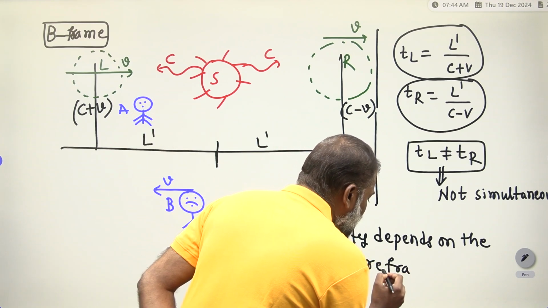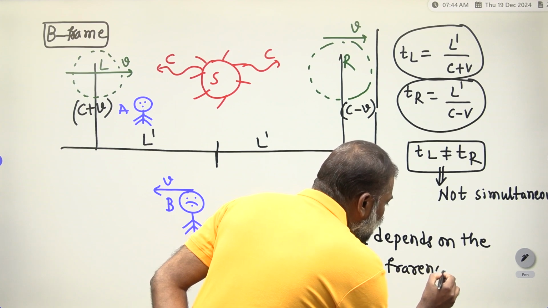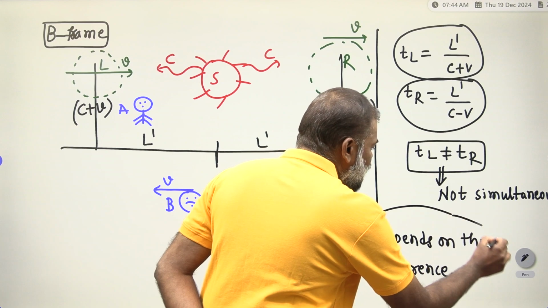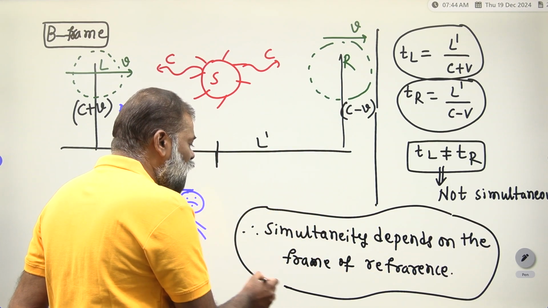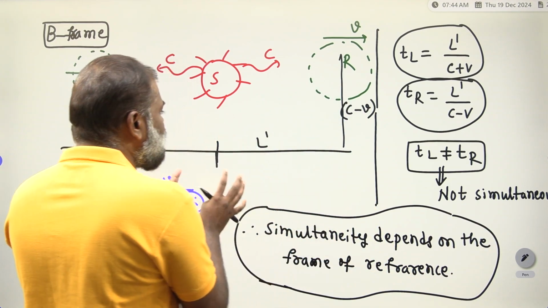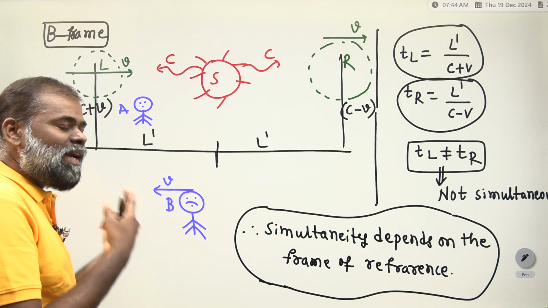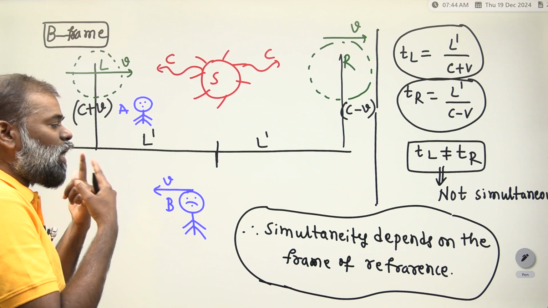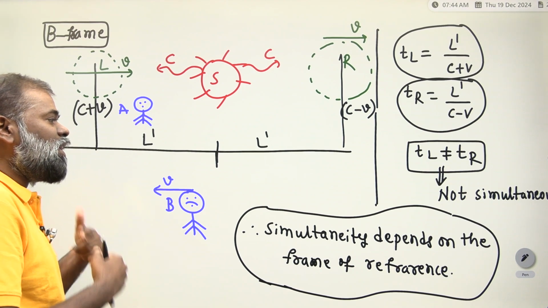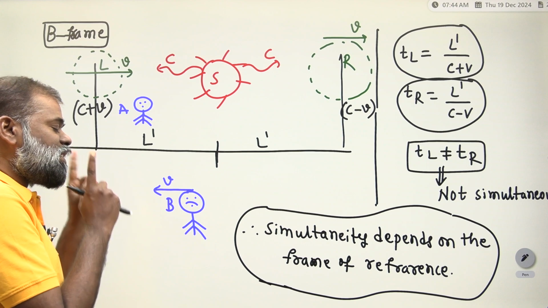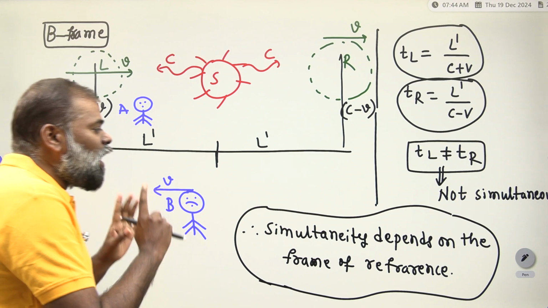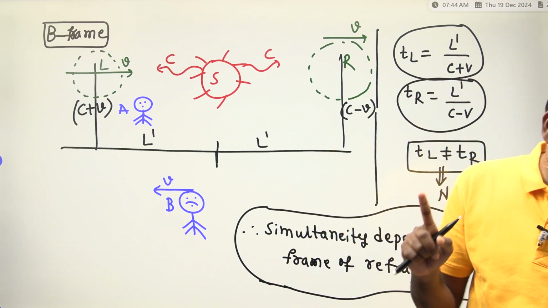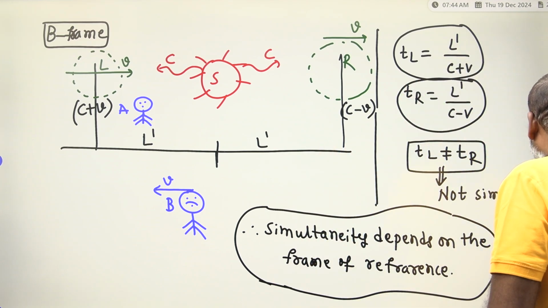If you consider the A frame, you get simultaneous events. If you consider the B frame, you are not going to get simultaneous events. Therefore, simultaneity depends on the frame of reference. What is the main conclusion? The simultaneity depends on the frame of reference.